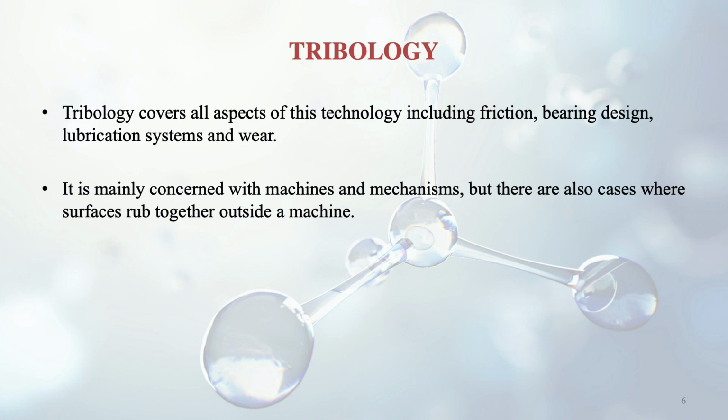It is mainly concerned with machines and mechanisms, but there may be cases where surfaces rub together outside a machine also. The first part of tribology is friction, which we will discuss right now. What is friction?